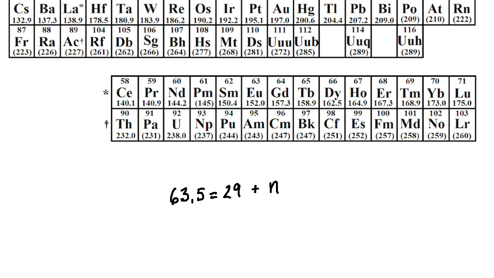I'm going to take 63.5 minus 29, and I'm going to get a fraction as my number. So if you're confused by what I mean, all you have to do is run 63.5 minus 29, and you'll find out that N is equal to 34.5. Well, that doesn't make a whole lot of sense.